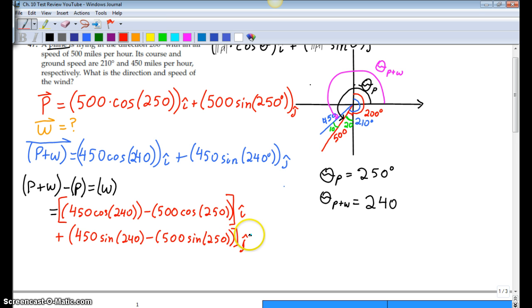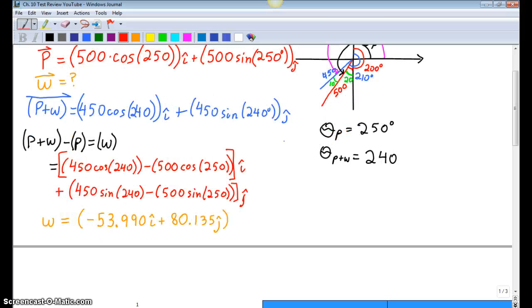Get all of our ducks in a row here. From there, it's a matter of just plug and chug. Plug in your calculator, cosine 240, multiply by 450, so on and so forth, and what you end up with is W equals negative 53 i hat plus 80 j hat. So that is our resulting vector.